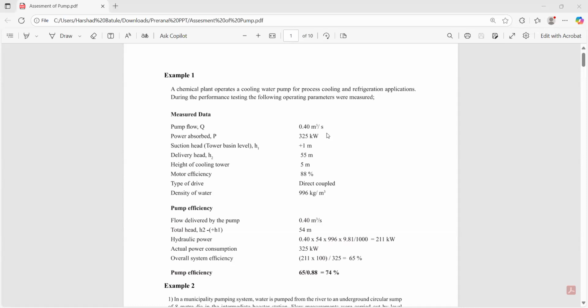One is your discharge head, one is your suction head, so you have to calculate the total head. Then you require the flow rate of the pump, then the total head, then you require input power.